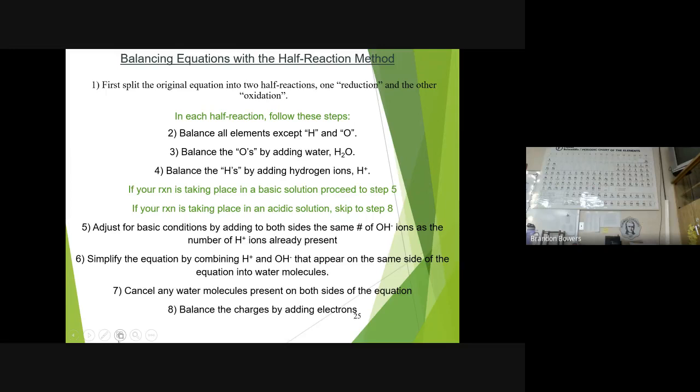So, first, split the original equation into a reduction and an oxidation. And then you have to balance. I'm going to go over an example here. Do you guys have a picture of that taken? Everybody good? Okay. We're going to go over an example because there's a lot of steps to this.